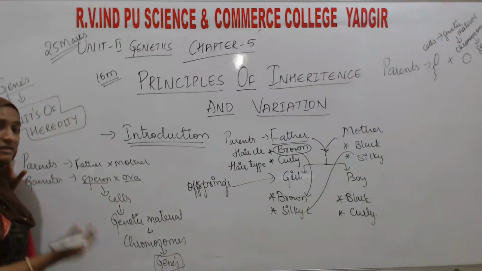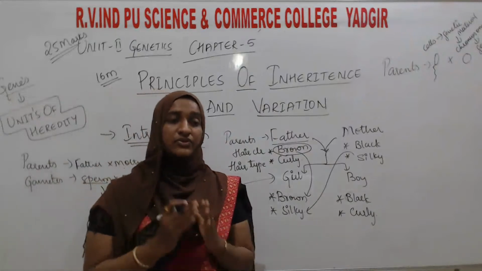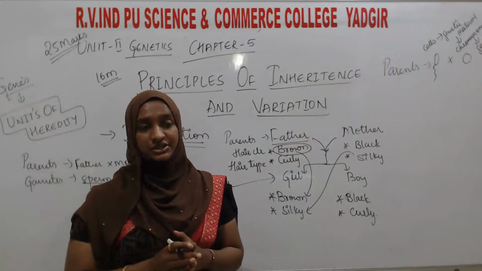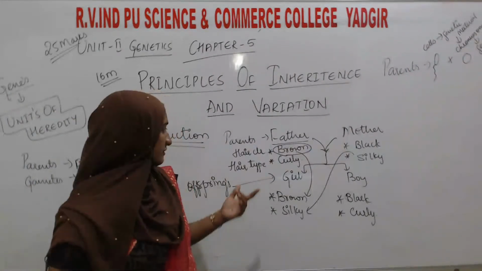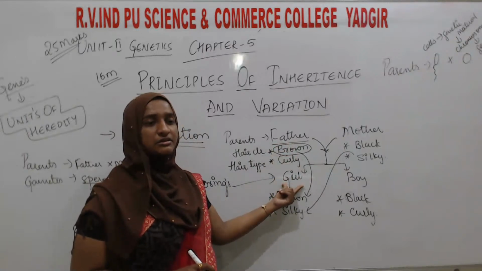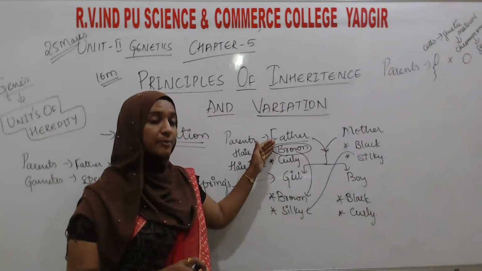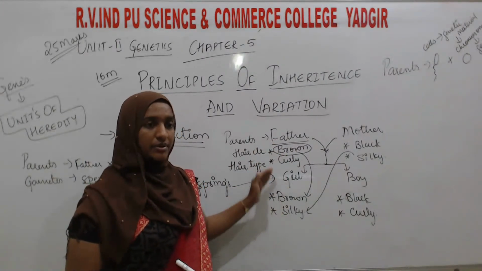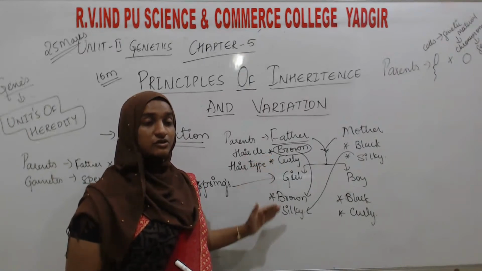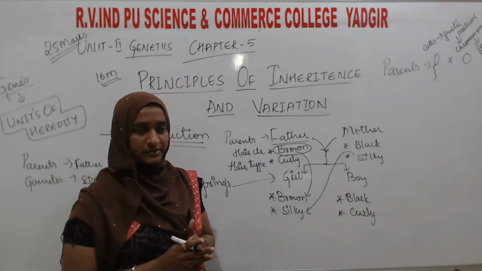Heredity means some of the characters are going to transfer from one generation to another generation. As you can see, this is one generation and this is the next generation. Their characters are transferring from their parents to their children. Parents are one generation and children are another generation, so the characters are transmitted from the parents to the next generation, the offspring.